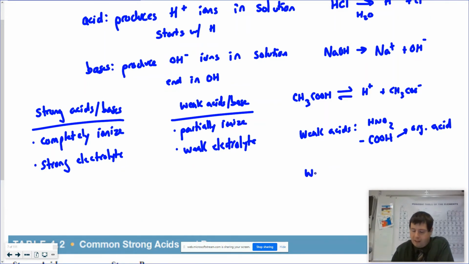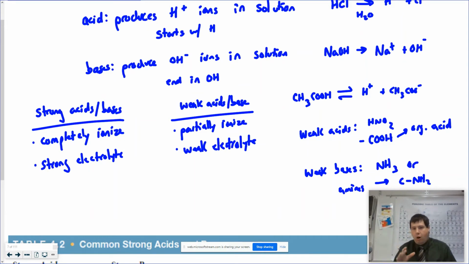For the weak bases, there's honestly not many that you're going to see, except for one that comes up all the time. That is NH3, ammonia. Ammonia is a weak base for sure, or sometimes you'll see some carbon compound with NH2. Those are called amines. And like ammonia, they are indeed weak bases.